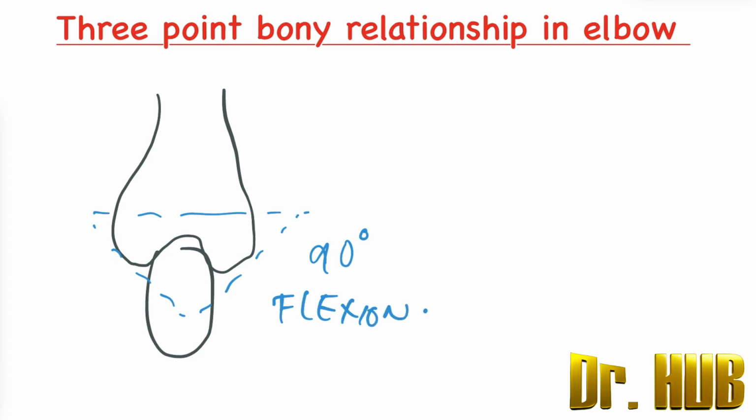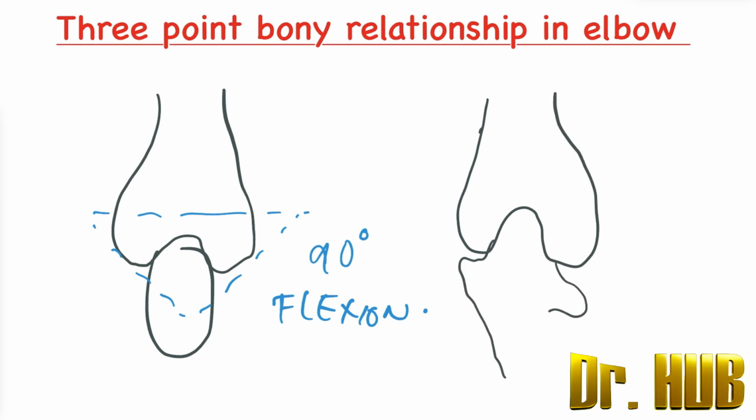Then when you're looking at extension, it is going to look like this. This is nothing but the olecranon. So the elbow in 90 degree flexion, these points form an isosceles triangle. When the elbow is extended, they lie transversely in a straight line. These are some important points to note.